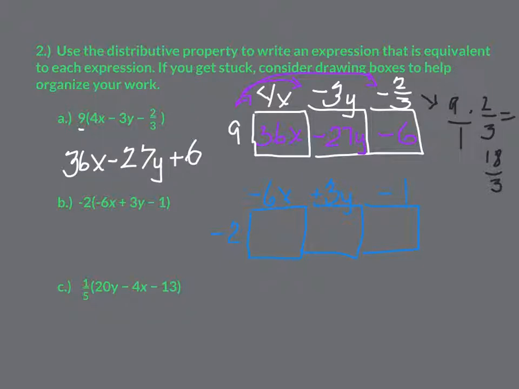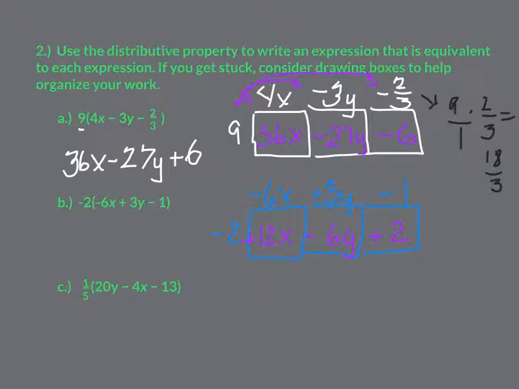I can put it there or not, because when there's no sign there, of course, it means positive. So I've got -2 times -6x. Negative times a negative is a positive. 2 times 6 is 12. Bring the x down. A negative times a positive for the next one is a negative. 3 times 2 is 6. Bring that y right down. Negative 2 times negative 1. Well, negative times negative is a positive, and 2 times 1 is 2.